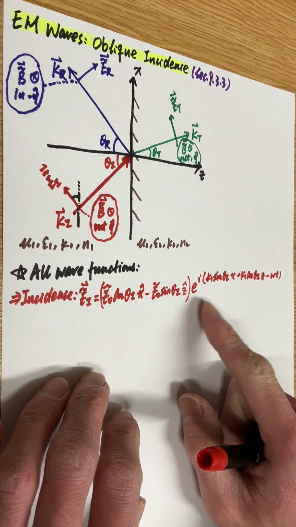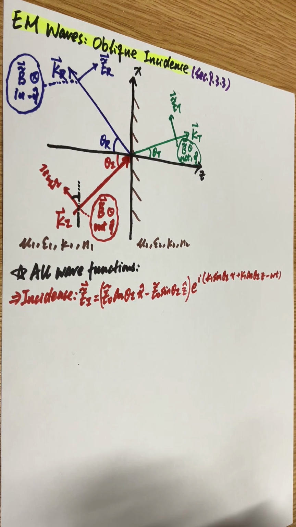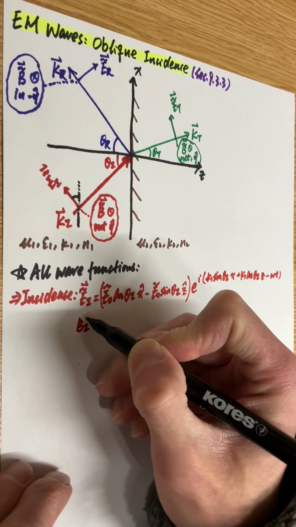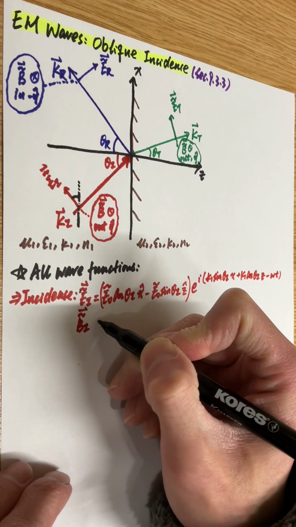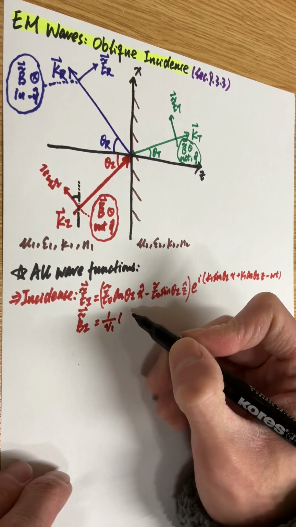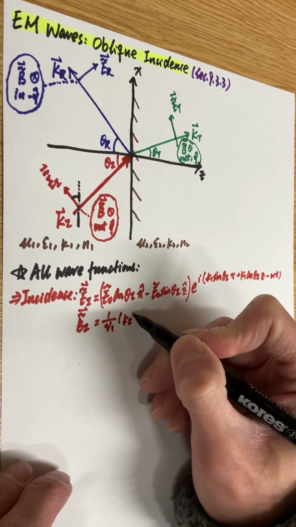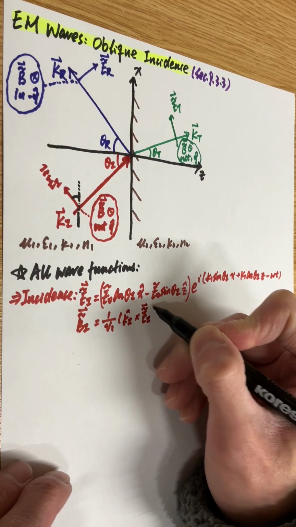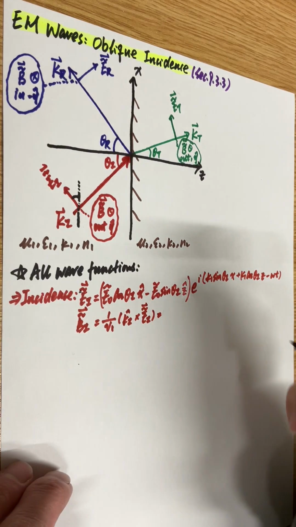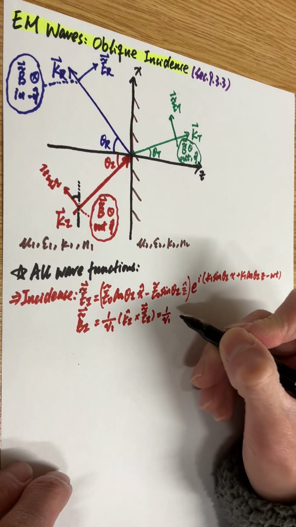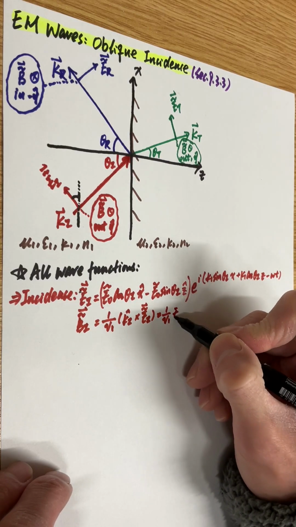Okay, so we have EI and then BI would equal to 1 divided by V1, and then propagation direction Ki cross the E field. So the magnetic field is always quite easy to write. We have 1 over V1, and then E0.